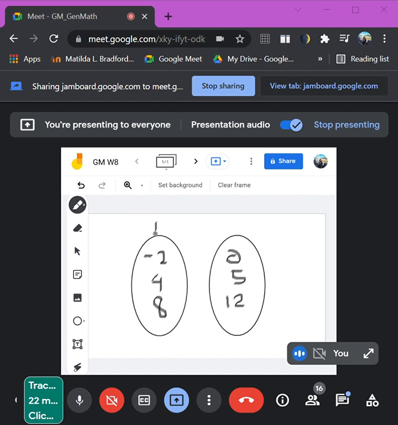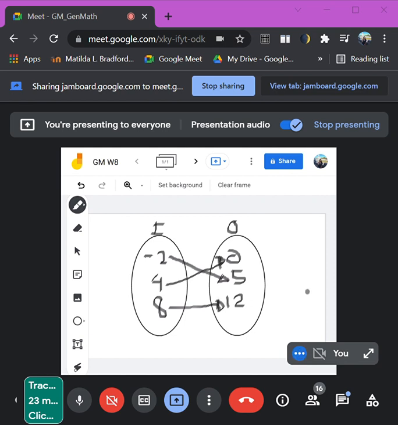So this is our input, or this is our x, and then this is our output, this is our y. So, ang ato lang tanawon ana class, for example, ang kaning negative 2 kay ang pair niya is kaning 5. Ang 4 iyang pair kay kaning 0. And then ang 8 kay iyang pair kay 12.